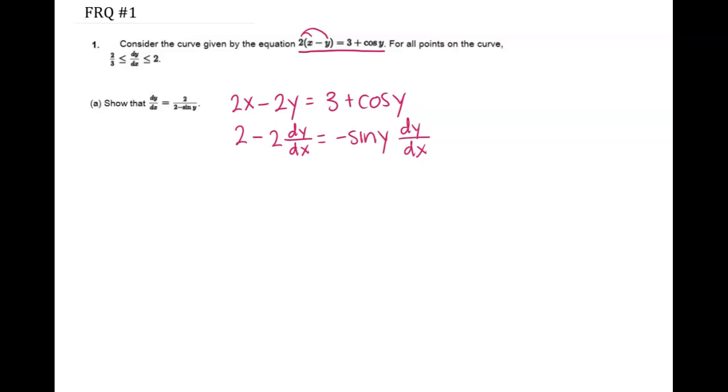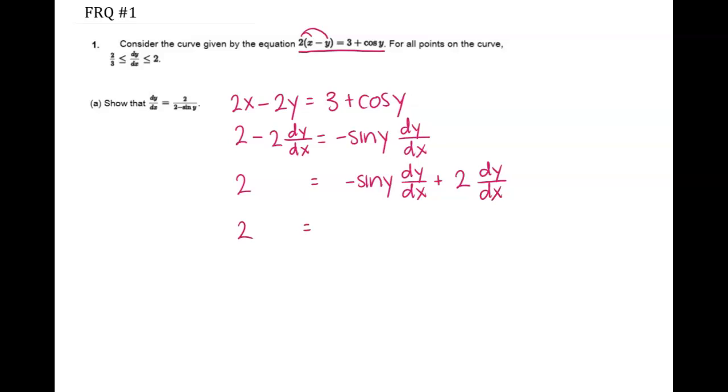Now we will put the dy/dx's together. So 2 equals negative sine y dy/dx plus 2 dy/dx.